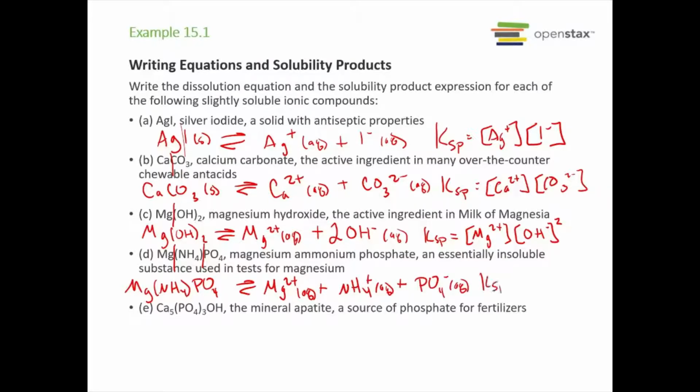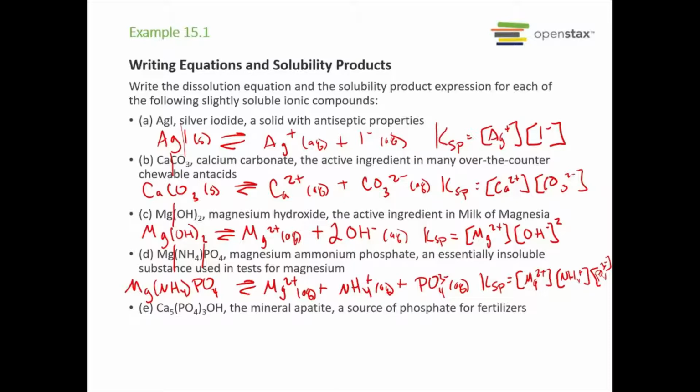And so KSP is going to be Mg2 plus times NH4 plus times PO4 3 minus. Sorry, I first wrote 2 minus, but it's 3 minus. Sorry, that got really rough looking, but that's okay.